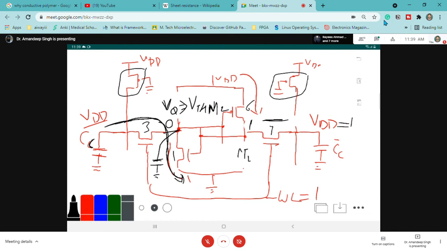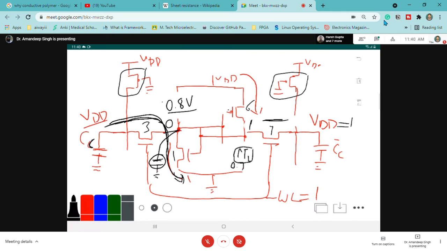Now, while discharging this, the voltage at node Q can go beyond the threshold voltage of M2. What does it mean? Suppose the threshold voltage of M2 is 0.7, and while current is flowing through this, the capacitance is charged to 0.8 volt. If it is charged to 0.8 volt, it will turn on the M2 transistor.